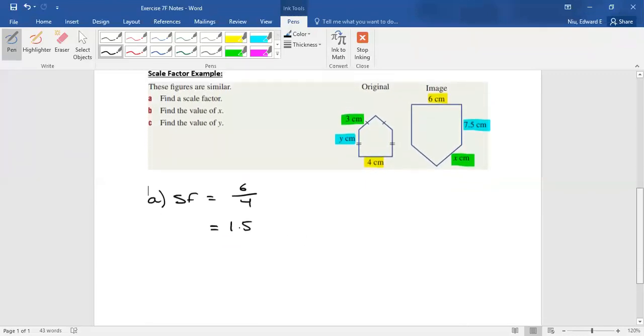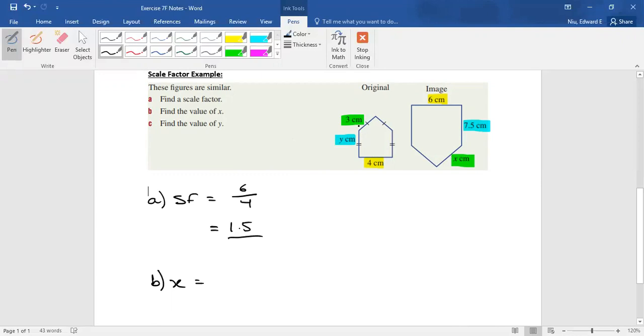If we were to find X, we use our scale factor and find the corresponding sides. So X corresponds to the 3.